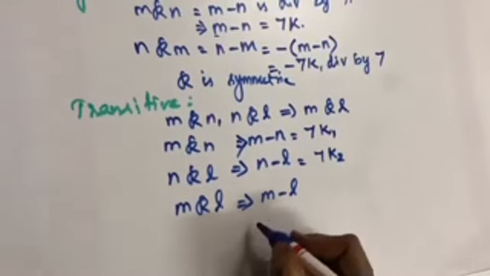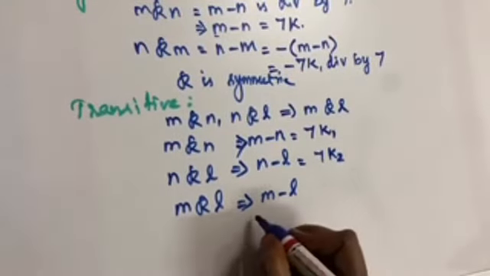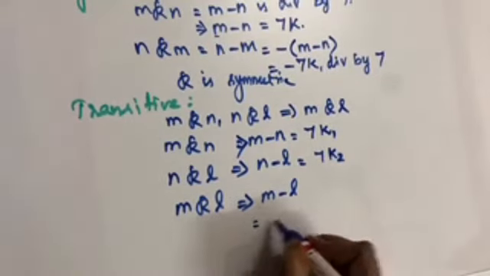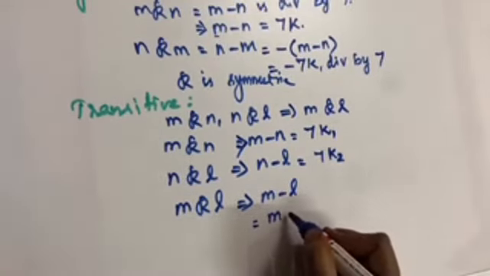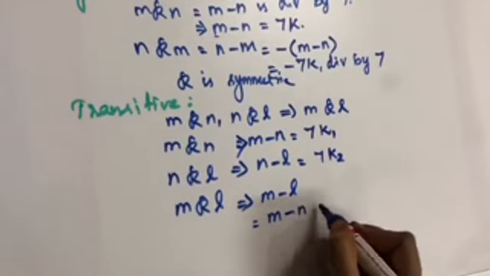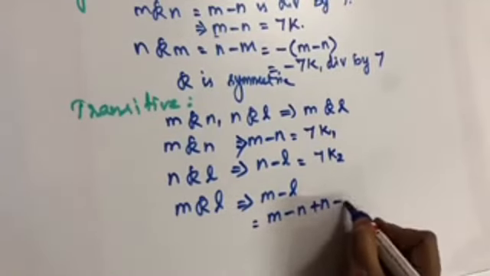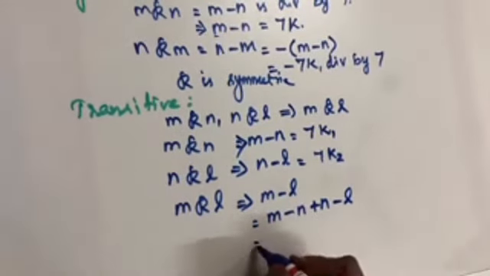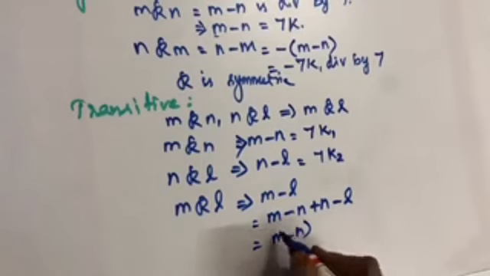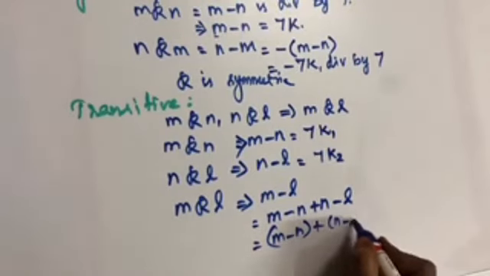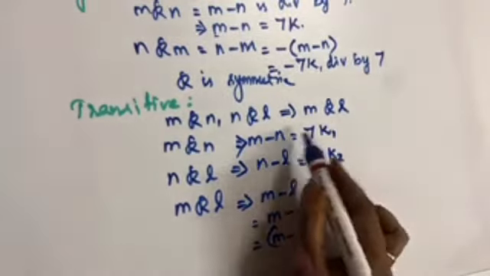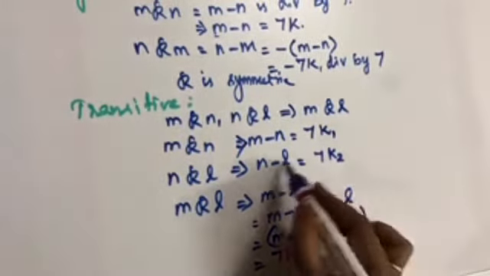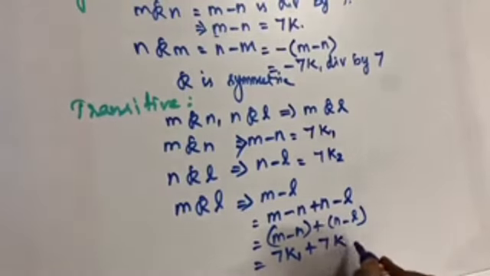So m minus L. Now to make the calculation, I am adding n and subtracting n. So m minus n plus n minus L. Okay, I am adding and subtracting n. That is equal to m minus n plus n minus L. What is m minus n? It is 7k1. What is n minus L? It is 7k2.